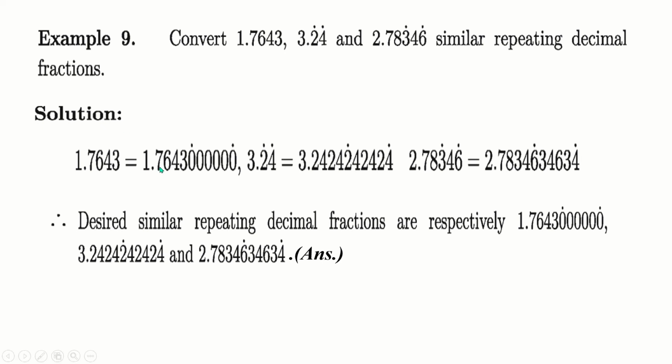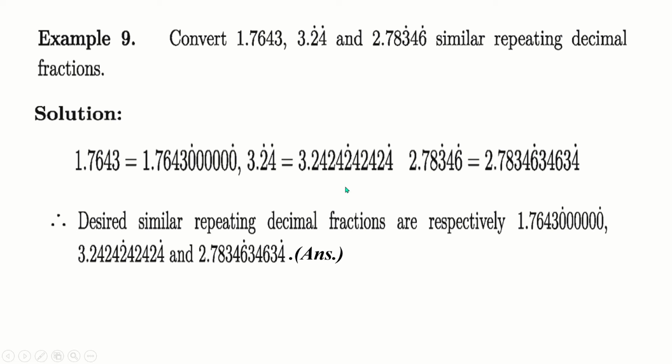Here, follow, 7, 6, 4, 3 is the non-repeating part. Here 2, 4, 2, 4 will be the non-repeating part. Here 7, 8, 3, 4. That means after the decimal point the non-repeating part will be 4. Up to this, clear everyone?